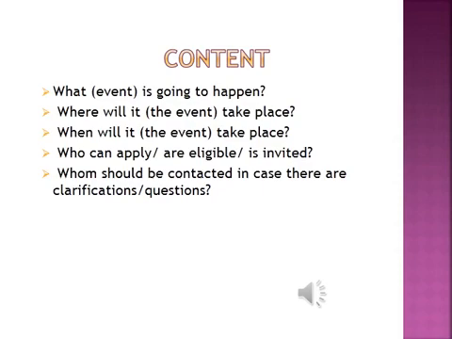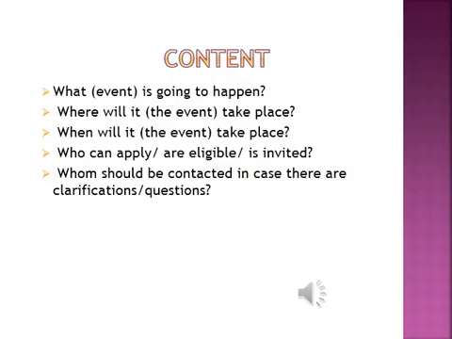Now first of all, remember what event is going to happen. So you have to think about the occasion for which you are writing the notice. Where will it take place? So keep the WH questions in mind: what, where, when, who, whom.